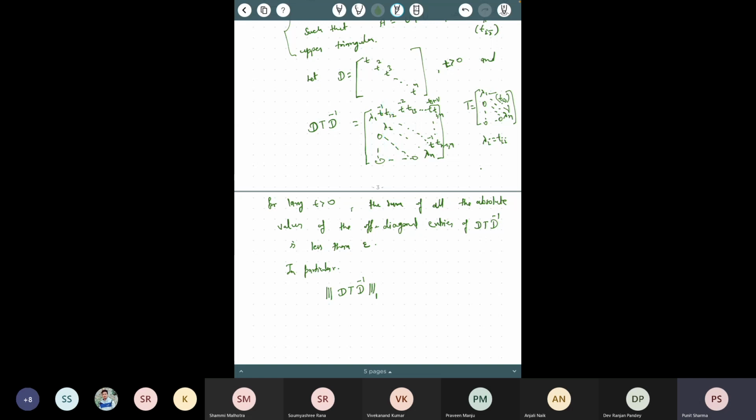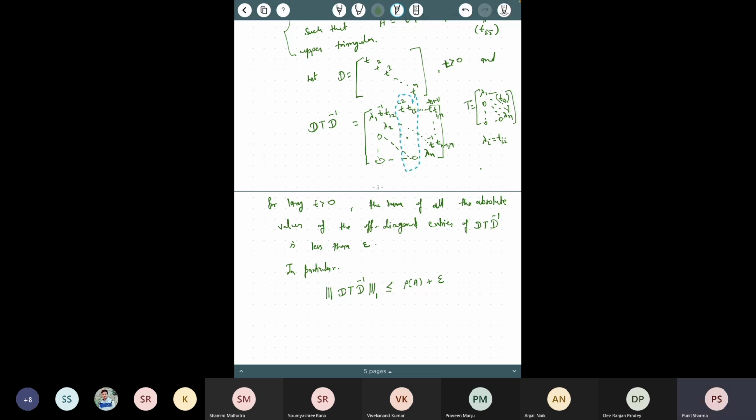What we can say from here is that it is definitely going to be less than or equal to rho A plus epsilon. Why is this? Because the diagonal entries are nothing but the eigenvalues. Let's say the maximum appears in some column, say the jth column.